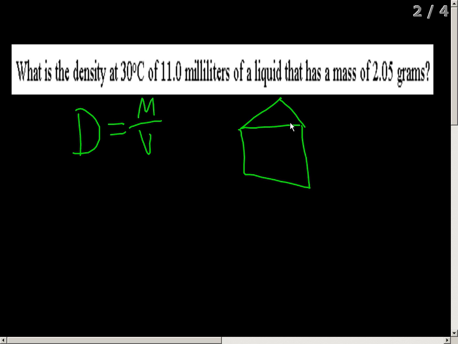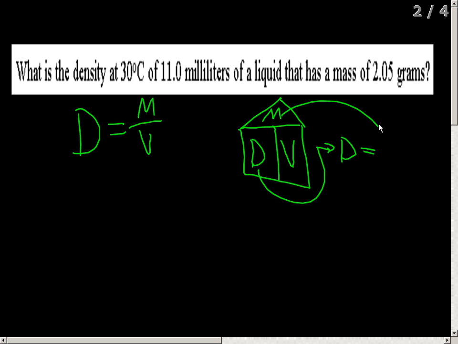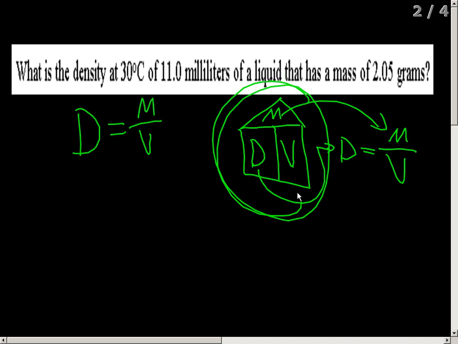Give this house an attic and 2 rooms. In one room lives density, in the attic lives mass, and in the other room next door to density lives volume. So when you read this, it says density is equal to the mass who lives over the volume. That's a simple way to remember it. Remember, if anything, remember the house. If you can't remember the formula, remember the house.